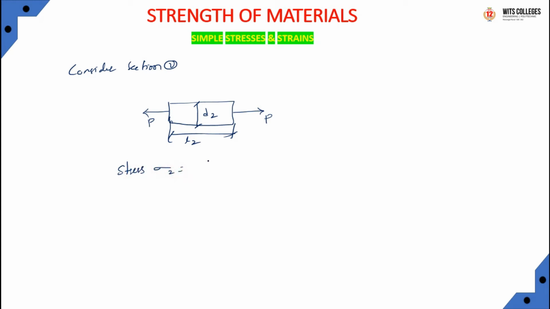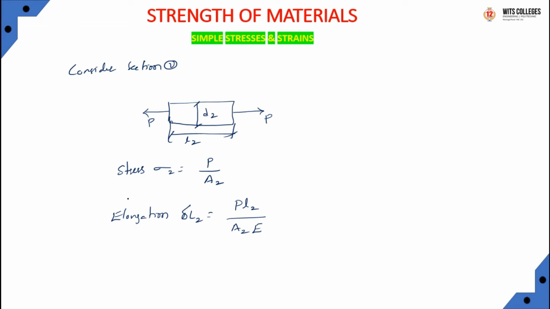Sigma 2 equals P by A2, and the same thing for elongation. Delta L2 equals PL2 by A2E. So this is the elongation for section 2.